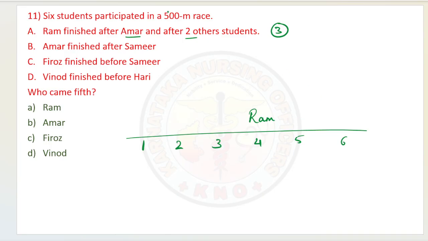Understood? Ram finished after Amar, which means Amar is in third place according to the first statement.